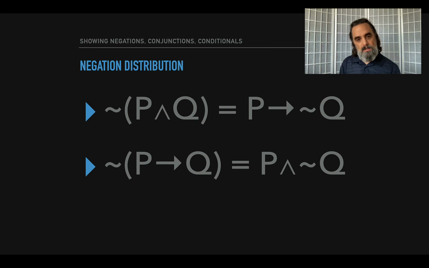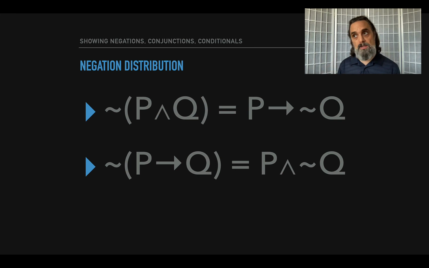Well, I'm going to tell you that one way to do that is that the negation of P and Q is equivalent to, always has the same truth value as, if P, then not Q. And the negation of if P, then Q always has the same truth value as P and not Q. Now, we're not in a position to prove that these are equivalent right now. We'll be doing that later in the course.